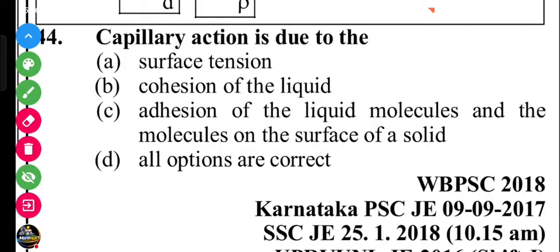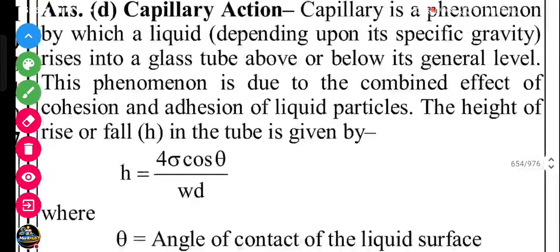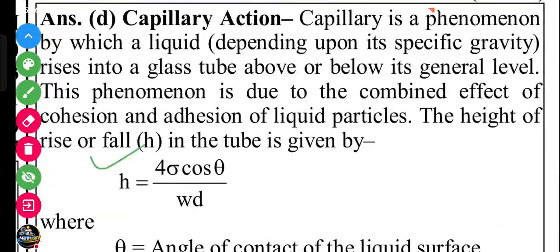Capillary action is due to: A, surface tension; B, cohesion of the liquid; C, adhesion of the liquid molecules and the molecules at the surface of the solid. All options are correct. The explanation is here.